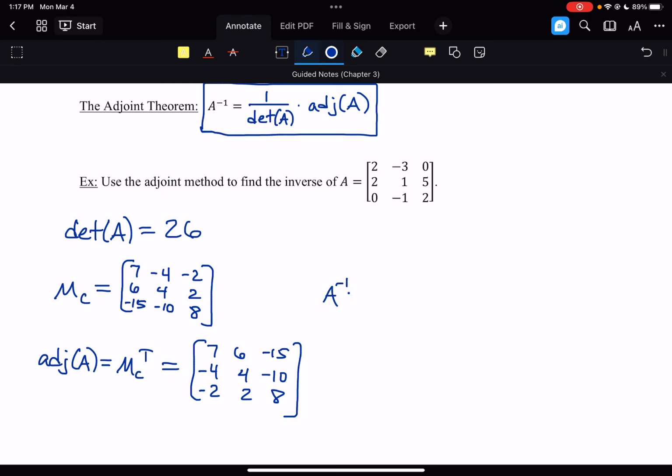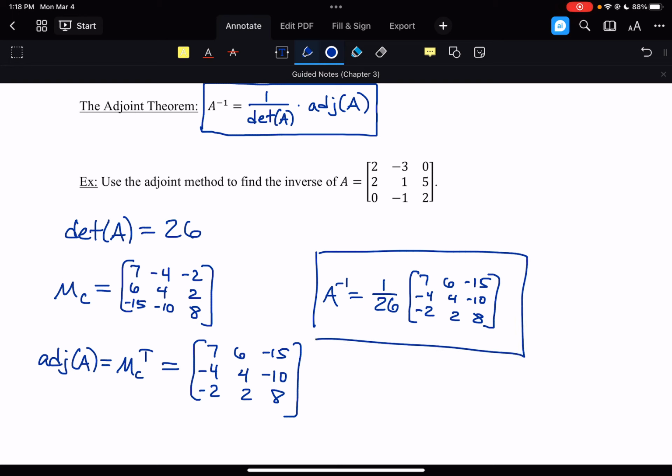So the inverse of this matrix is 1 over 26 times 7, 6, negative 15, negative 4, 4, negative 10, negative 2, 2, and 8. And that would be it.